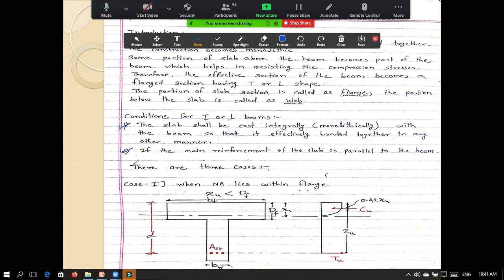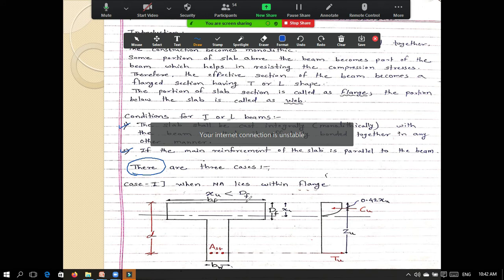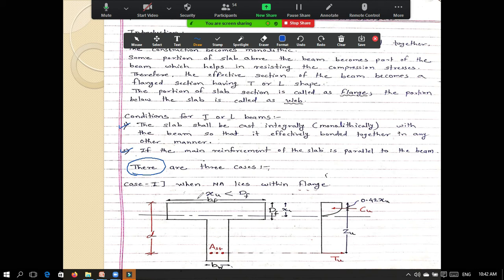Now there are three cases for this T beam or L beam. Case number one is very simple. It is just like the singly reinforced section. In that formula, if you replace B by BF, then you will get the formula for this T section. The first case is when the neutral axis lies within the flange.